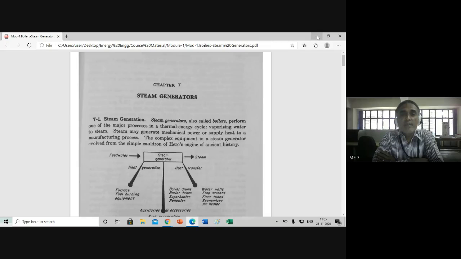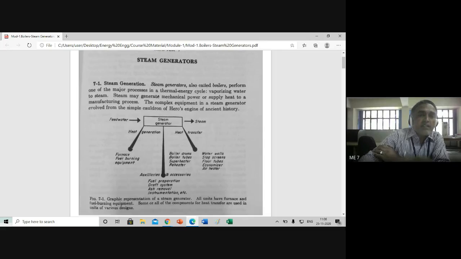Steam may generate mechanical power or supply heat to a manufacturing process. The complex equipment in a steam generator evolved from the simple cauldron of Hero's engine of ancient history. This is the steam generator.